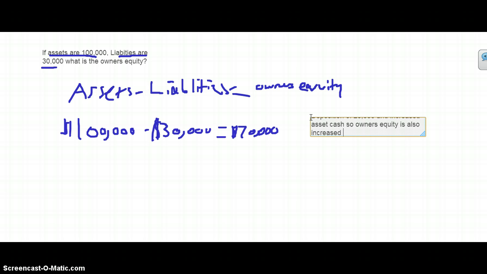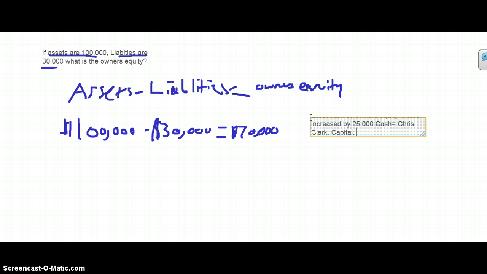We will increase by 25,000 because we have to match both sides. So if the cash equals, let's say Chris Clark made this, Chris Clark, capital. That's what it will say on the sheet.